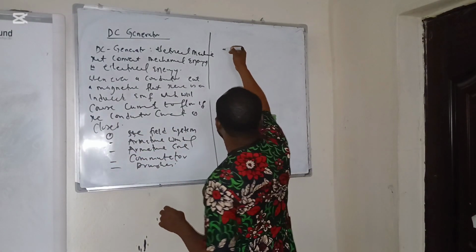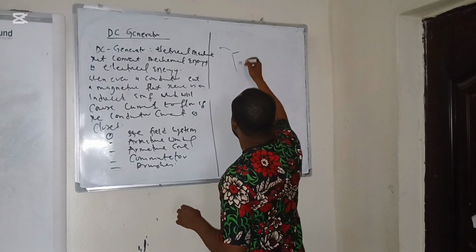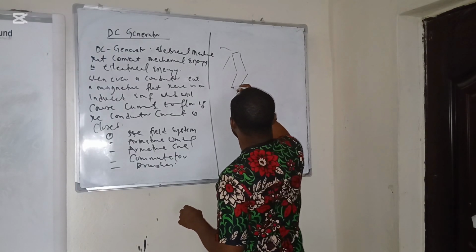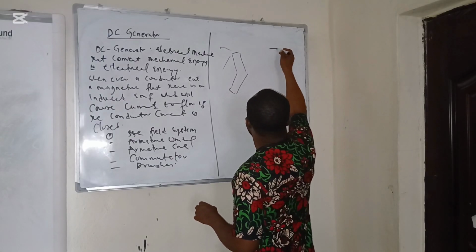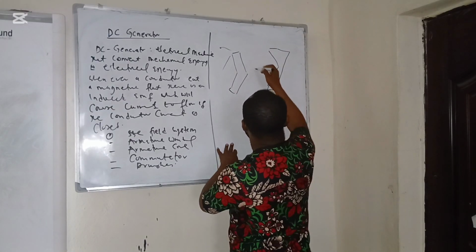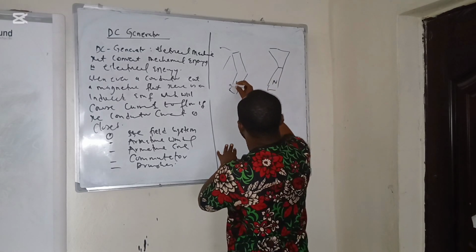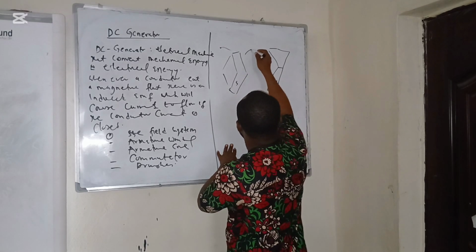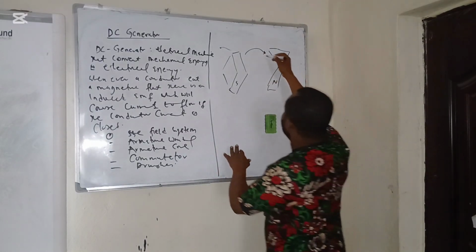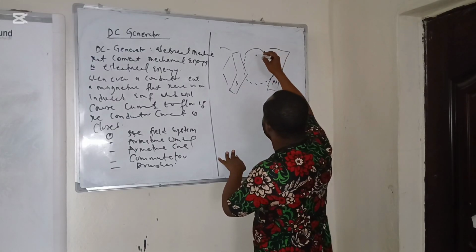Here let's demonstrate how it works with a sketch diagram. We can have something like this, where this is your magnet pole. We have the flux flowing that way, and we can label it.